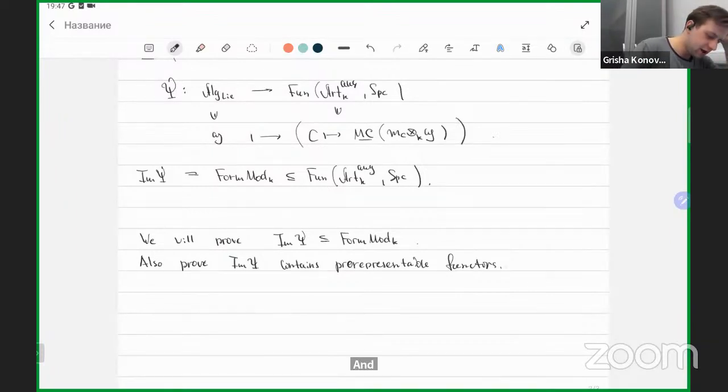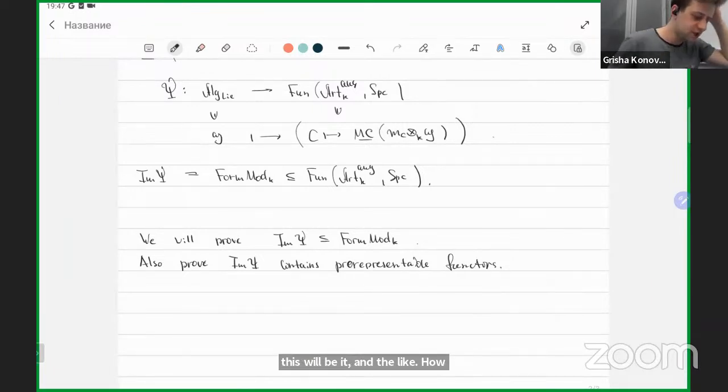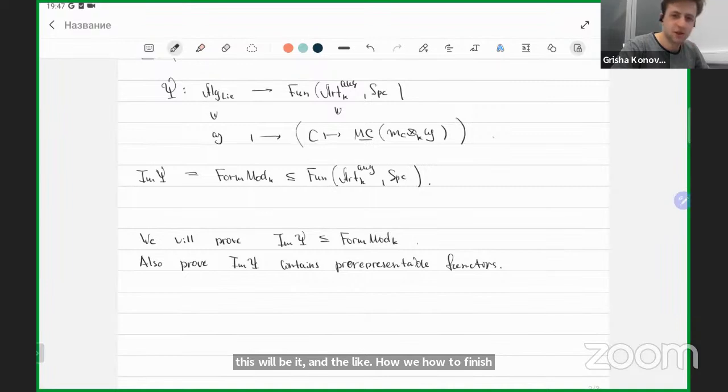And this will be it. To finish the proof of the theorem is to make a reduction from the general case to the case of a pro-representable functor.